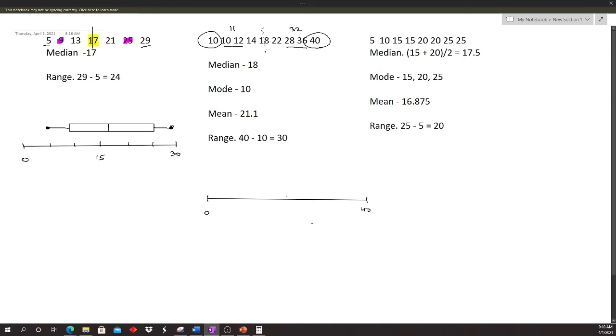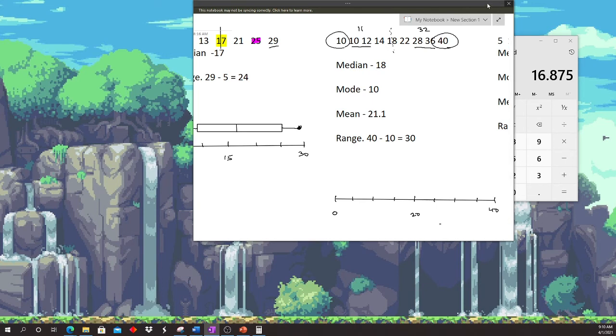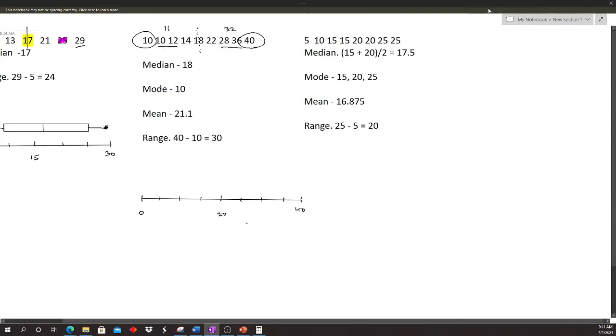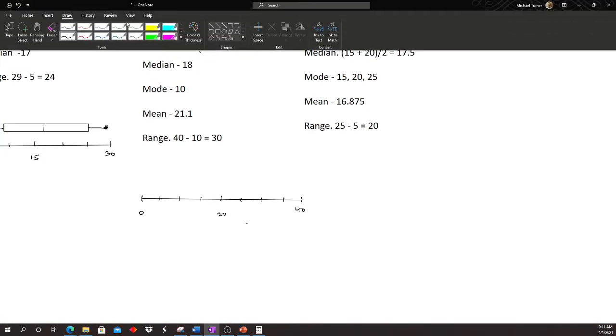So try to be as accurate as possible. There's 20 in the middle. And then each of these, therefore, is going to represent 5 again. All right, trying to keep that space even between. So I have my box. My box is going to go from 11 to 32. So again, if you have the means, you want to be as accurate as possible.